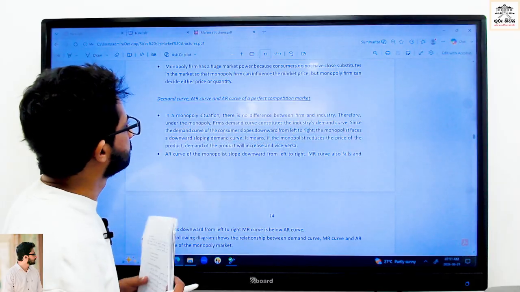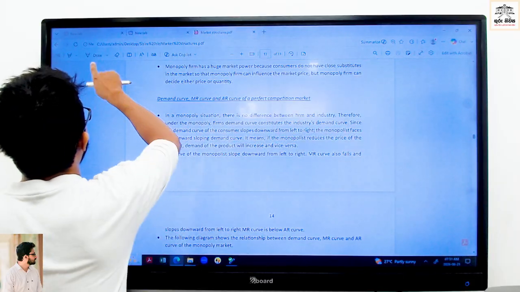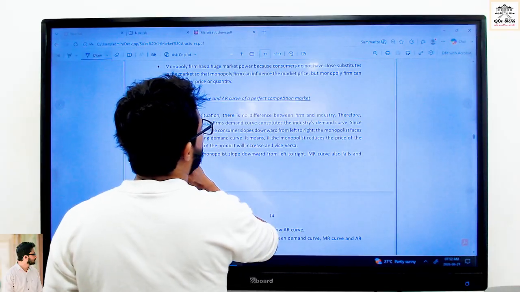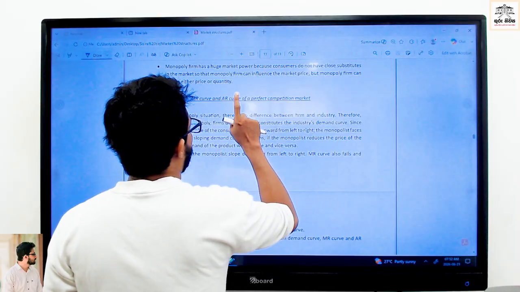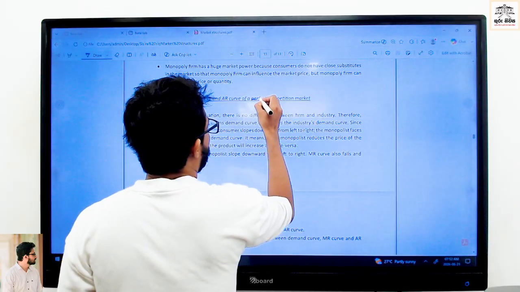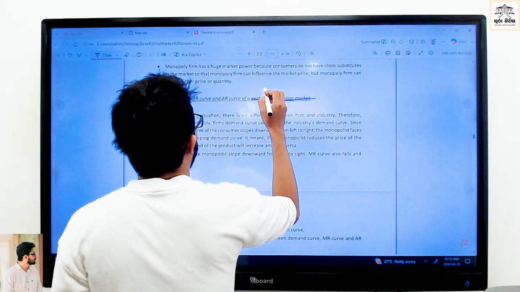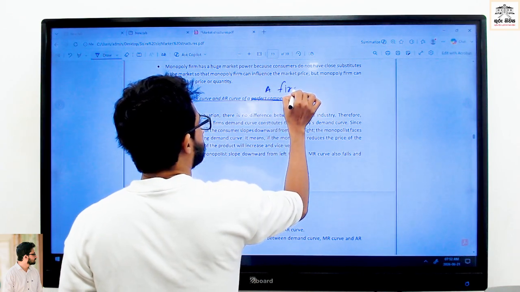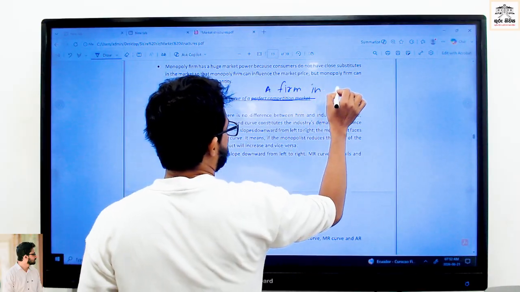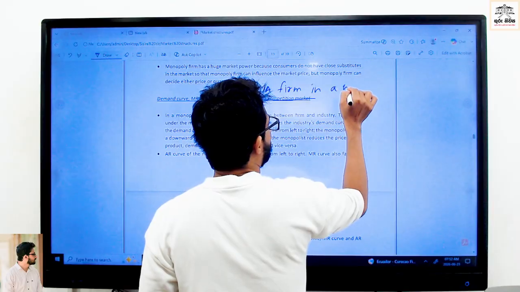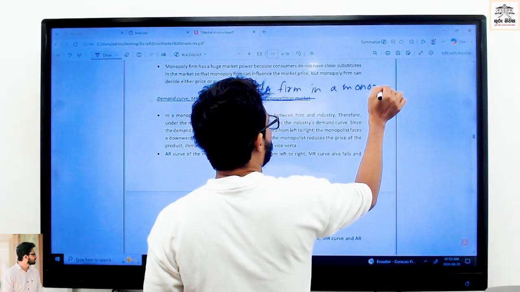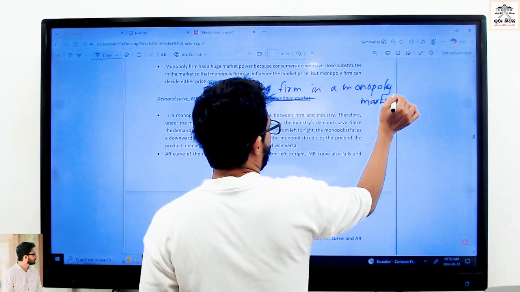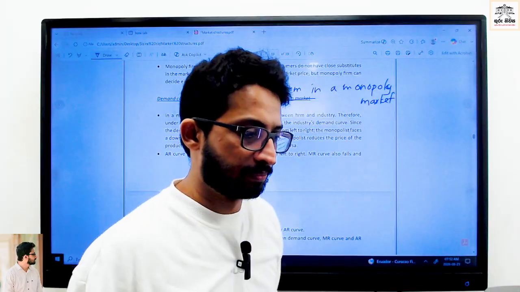I think not yet. So here it should be demand curve, MR curve, and AR curve of a firm in a monopoly market, or you can say of a monopolistic firm.